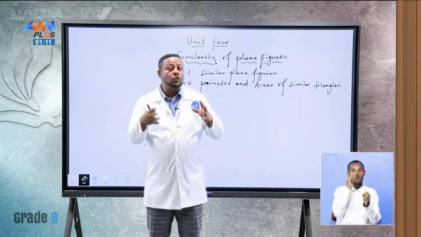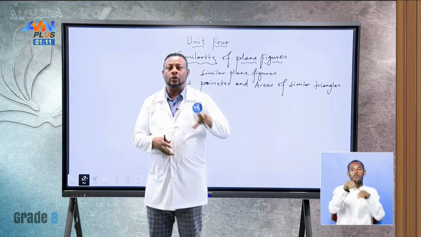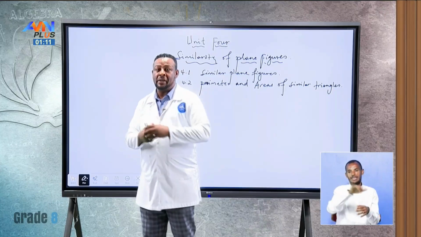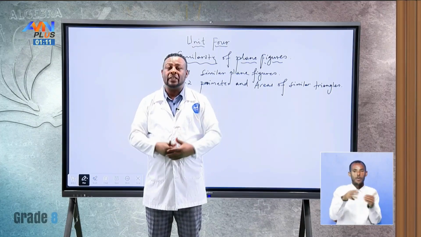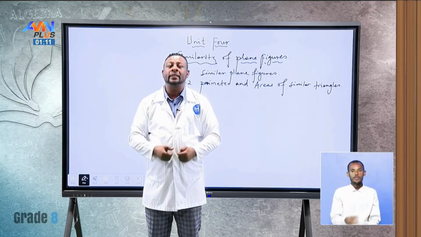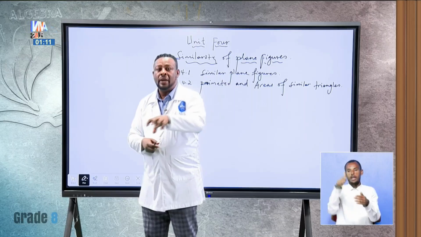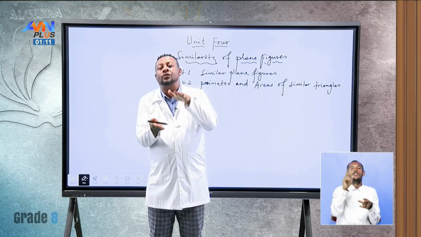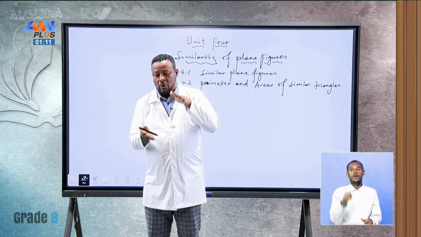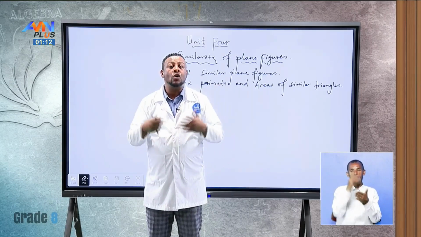If we have two figures, and if we move one figure onto the other in such a way that one figure fits the other figure, then we can say that the two figures are congruent. I repeat: if we are able to make the two figures fit, then those figures are congruent.